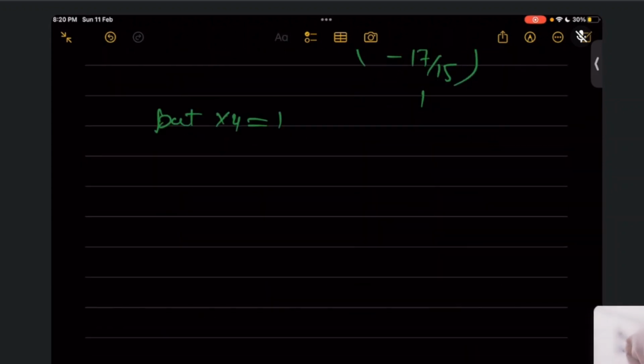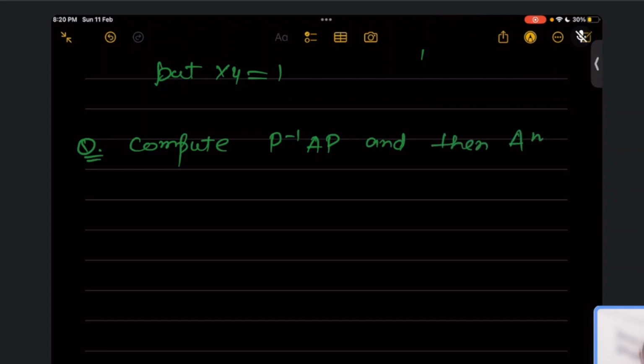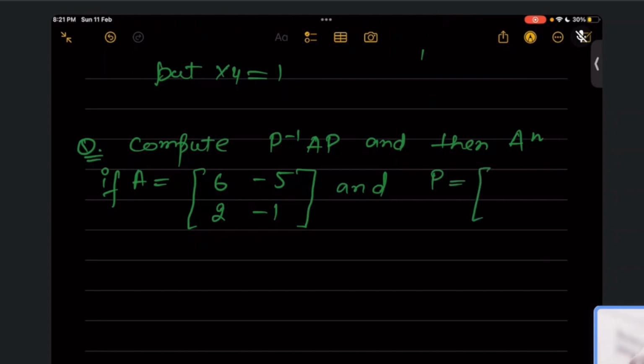So we have this question: compute P inverse AP and then A to the power n, if A is equal to [6, -5; 2, -1] and P is equal to [5, 2; 1, 1].